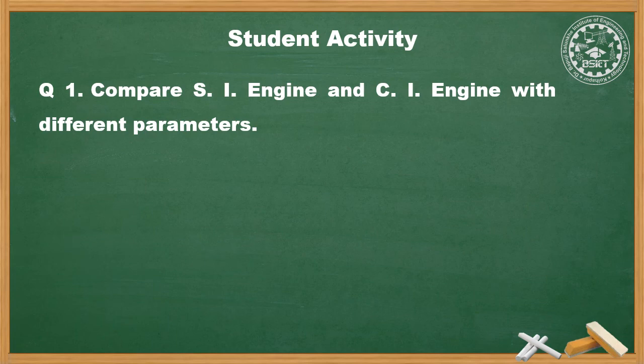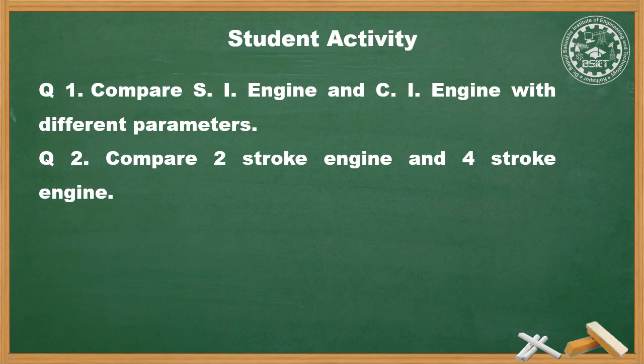Question number 1: Compare SI engine and CI engine with different parameters, that is, the difference between spark ignition engine and compression ignition engine with different parameters. And question number 2: Compare two-stroke engine and four-stroke engine. These questions are provided so that they help you gain knowledge, as these questions are also asked in your theory paper of MSBT.